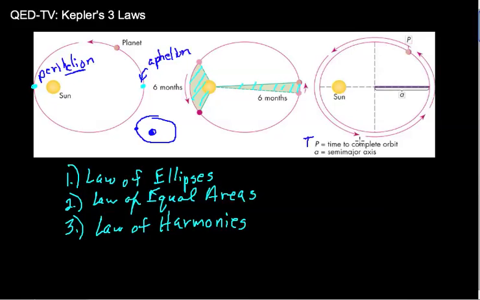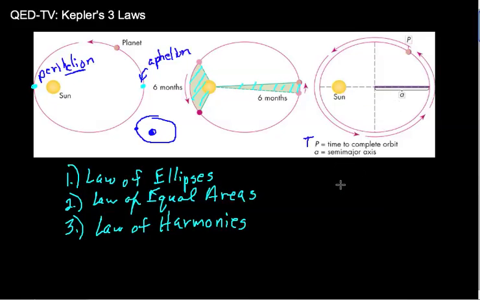How long it takes to get around is related to, in this ellipse, halfway across, this a, which is called the semi-major axis. Basically that distance would be the average distance from the sun to the planet. Sometimes we're closer, sometimes we're further away. And if you averaged how far we are from here to here and here to here, you would get about halfway across this ellipse.